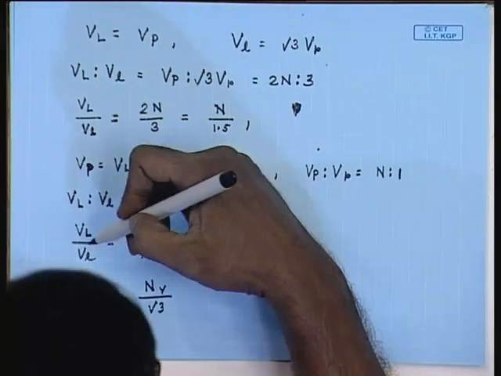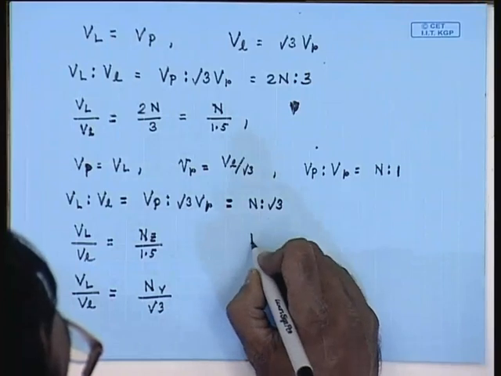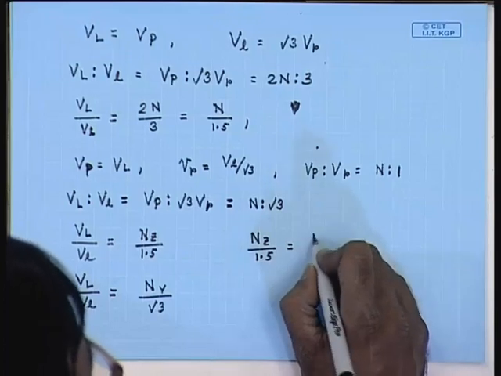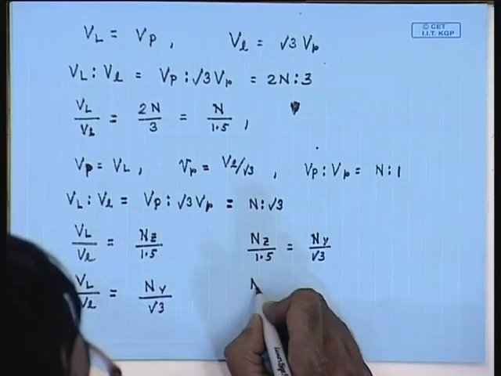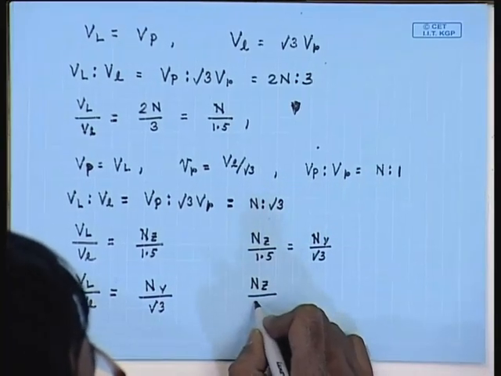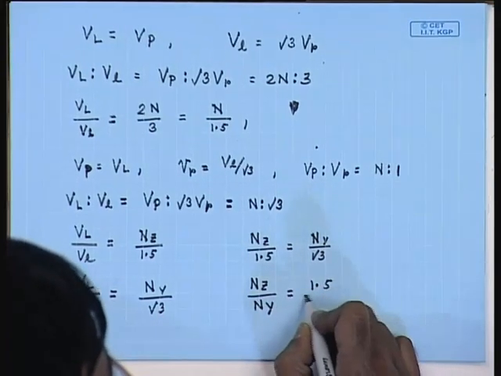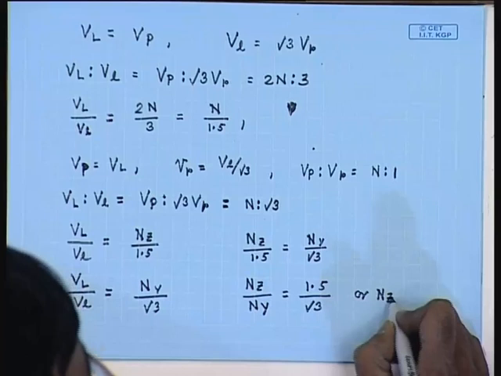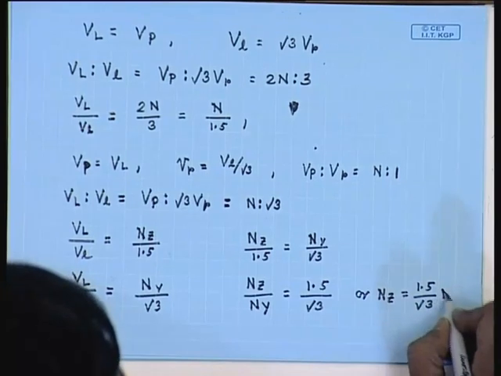Now, if in both cases the line voltages on the high voltage and low voltage side are same, then we must have n_z by 1.5 equal to n_y by root 3, or n_z by n_y equal to 1.5 by root 3, or n_z equal to 1.5 by root 3 into n_y.